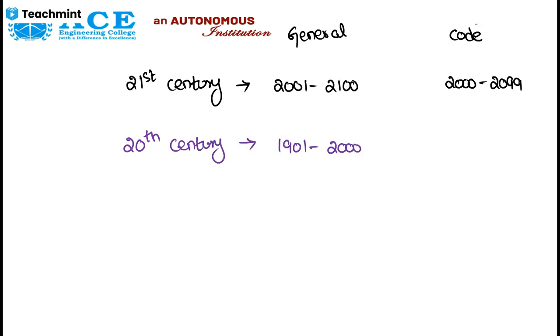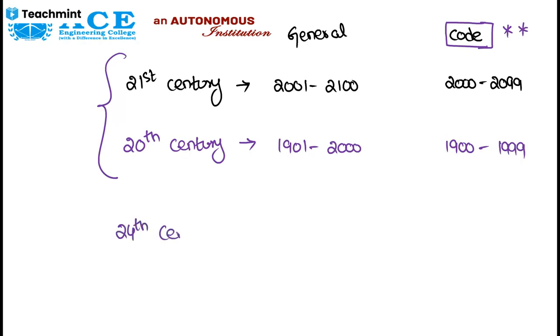But for this question, code purpose, take it as 1900 to 1999. Most of the time they focus only on these two. What about the 24th century? Normally it is 2301 to 2400, but for code purposes we take 2300 to 2399.